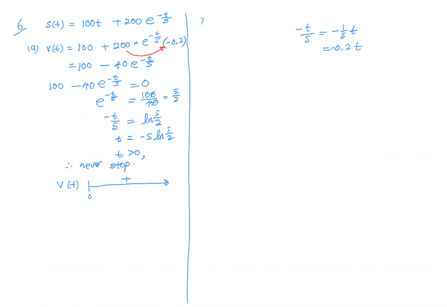No. That means it does stop. Wait, let me check. ln 2.5. Always negative. Cannot be always negative. Okay, I just simply put any value of t in.